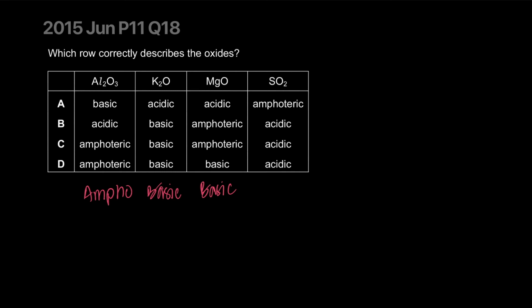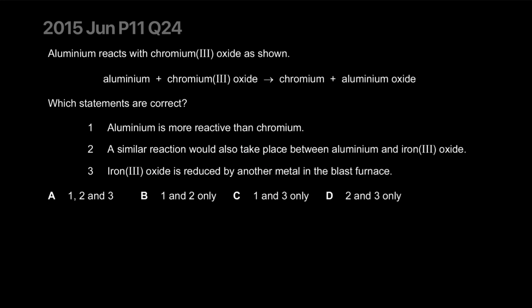Alkaline earth metals, alkaline metals. And sulfur dioxide is known to be very acidic, right? So what's the matching with our list? Amphoteric, basic, yeah, D is the best bet, right? Okay, let's be fancy about it. Let's give D its day, and let's move on.